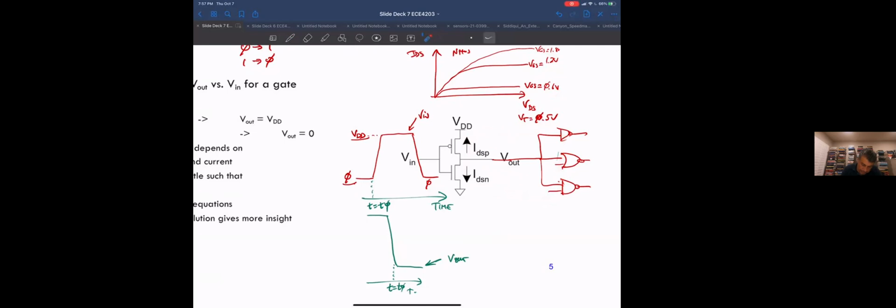And it's a nonlinear capacitance, because as the voltages on the inputs of these gates change, they go from being off to going into inversion.